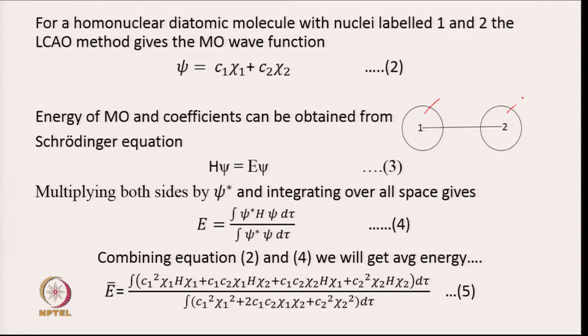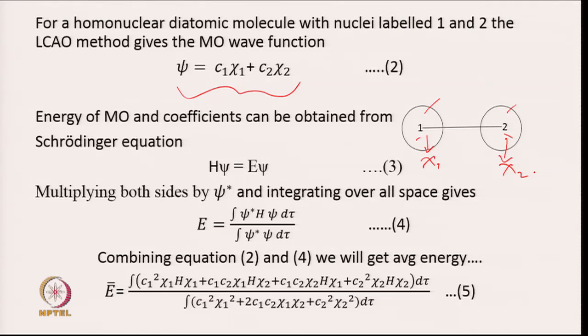If I label the first atom 1 and the second atom 2, then the LCAO method gives the molecular orbital wave function as psi equals C1 chi1 plus C2 chi2, where chi1 is the wave function associated with nucleus 1 and chi2 is the wave function associated with nucleus 2.